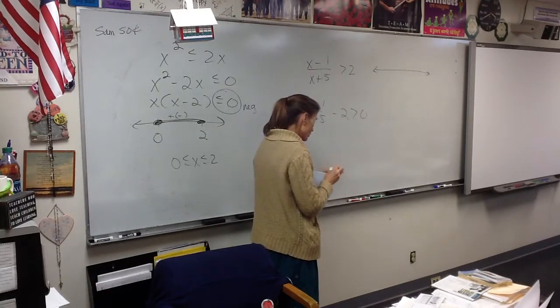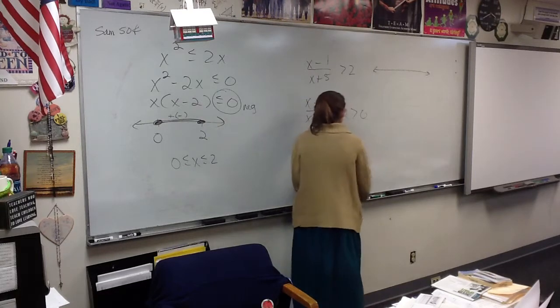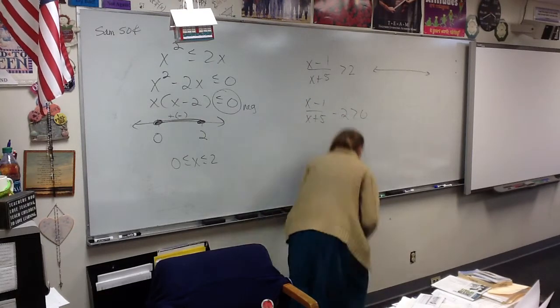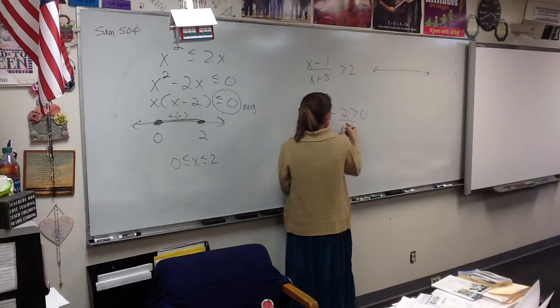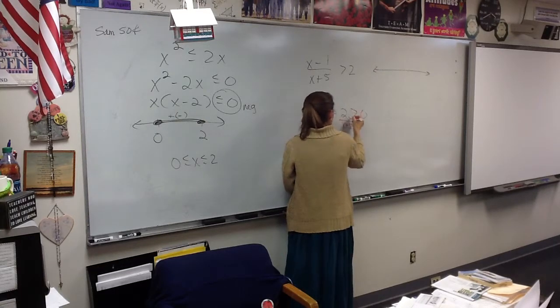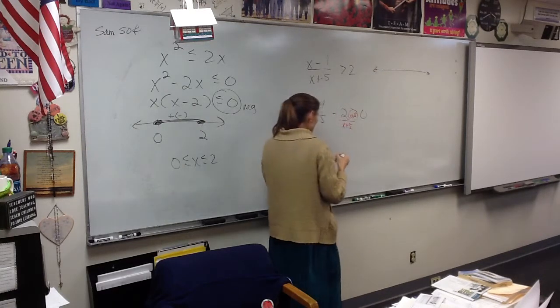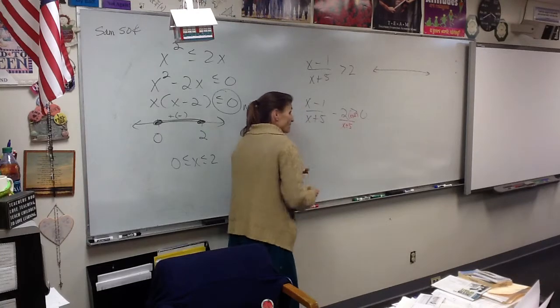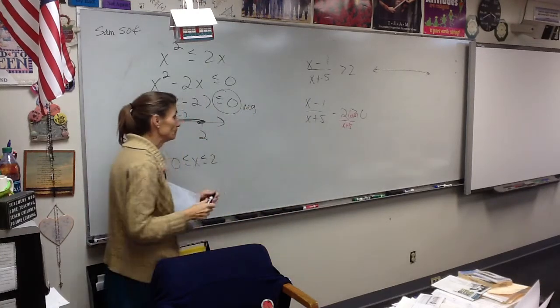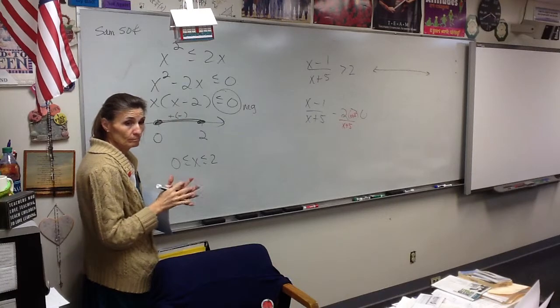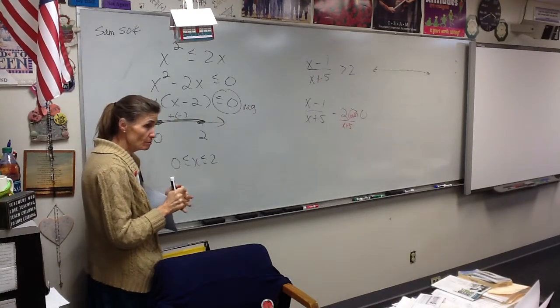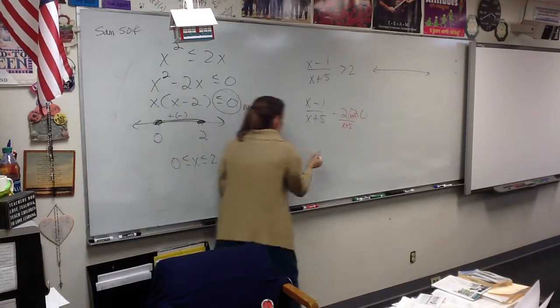So do you remember what to do? Take this guy right here, you're going to turn him into a fraction by multiplying top and bottom by x plus 5. Now do you remember what to do? One big fraction.